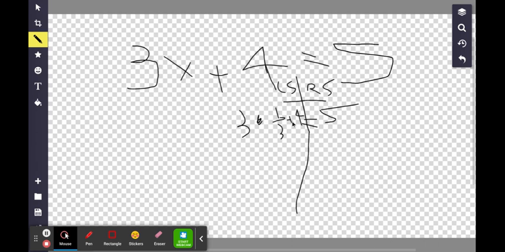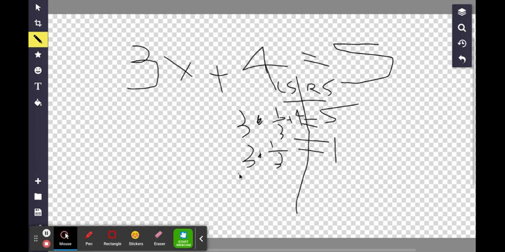So that becomes 3 times 1 over 3 equals 1.